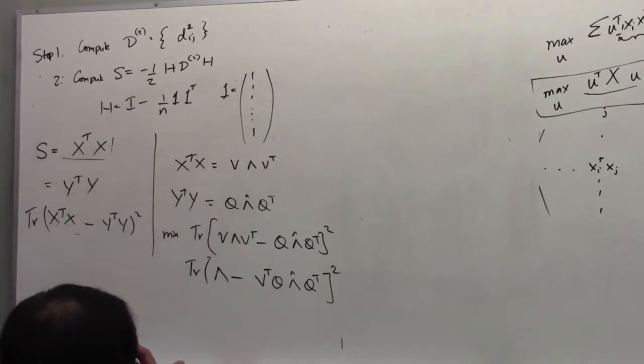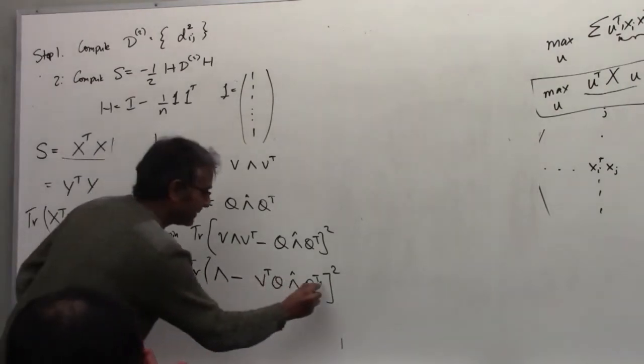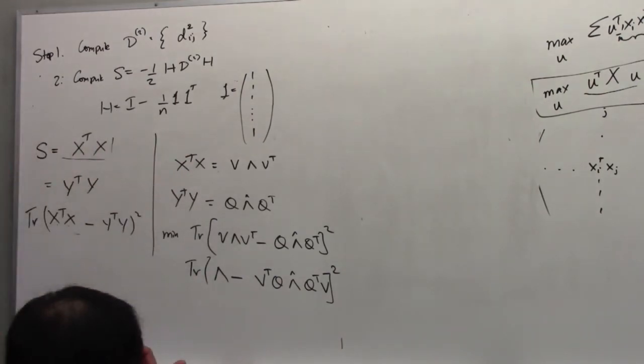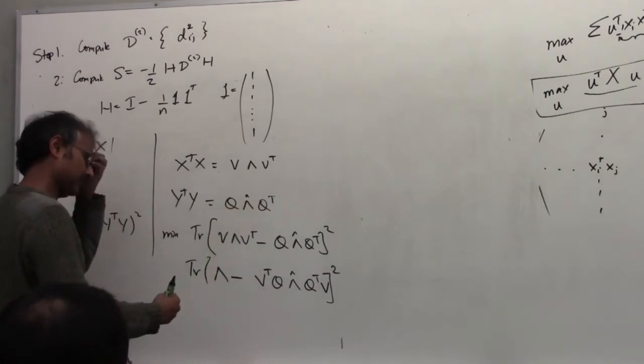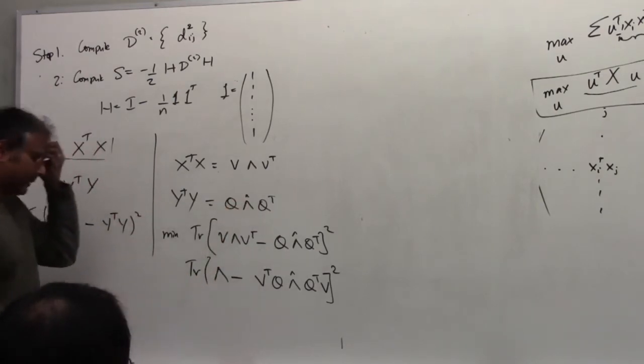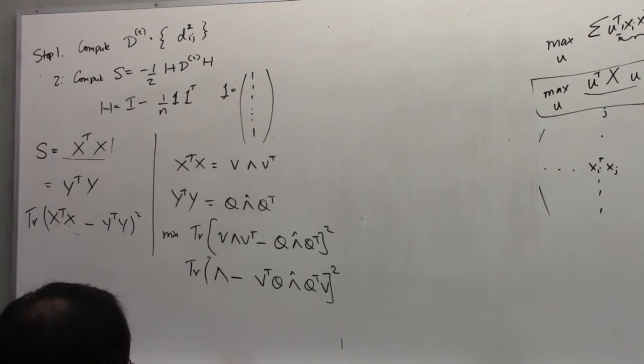Then I have to put a V in here. Actually, you don't have to do anything clever here, you just pre-multiply and post-multiply. Did I get this right? It should have been the other way around, but okay, I'm just following the notes, so it's easy.